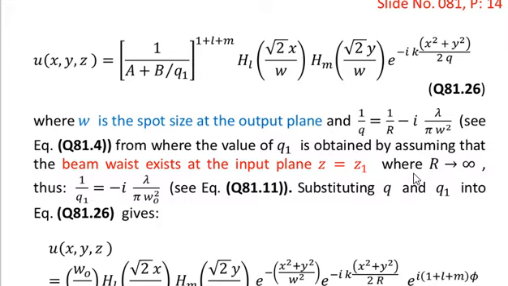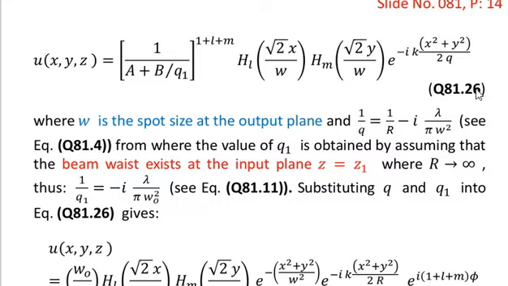So if you want the input plane to be a plane wavefront, you need to set R goes to infinity at that location, and then you see that your 1 over q1 will be equal to minus iota times lambda over pi w naught square. Then substituting q and q1 into equation number 26, we obtain the following relationship.